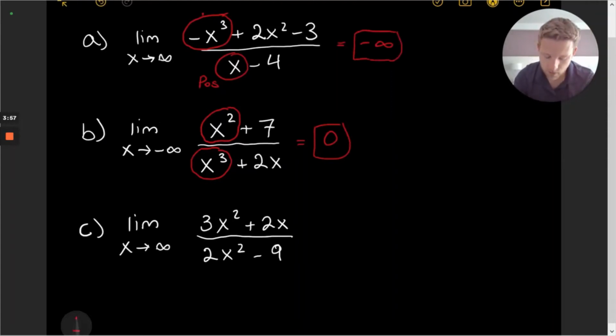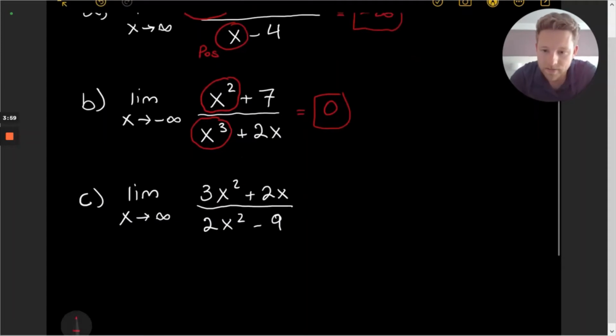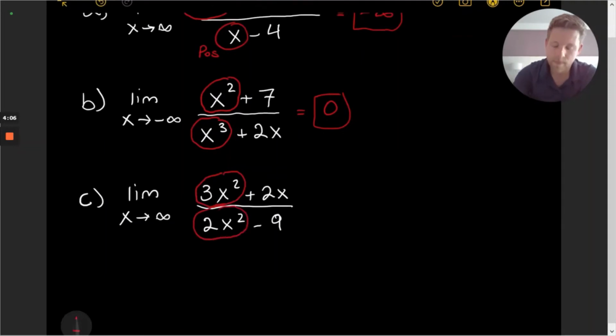And then finally, take a look at the cases where we have even powers or even degrees on our leading terms. This is a limit as x goes to infinity. We have a 3x squared in the numerator and a 2x squared in the denominator. Both of these two terms, in terms of their variables, are growing at the same rate.